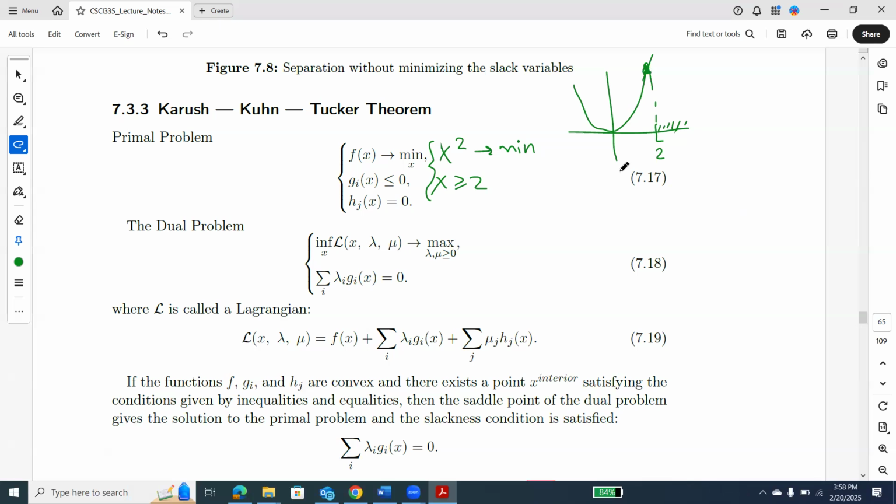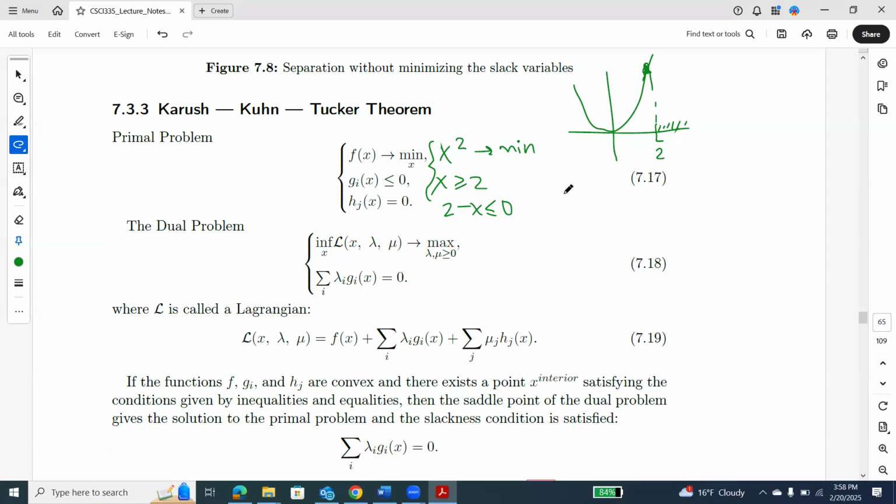So let's write a Lagrangian function. I will rewrite this constraint as 2 minus x smaller than or equal to 0, just to get the same inequality sign.